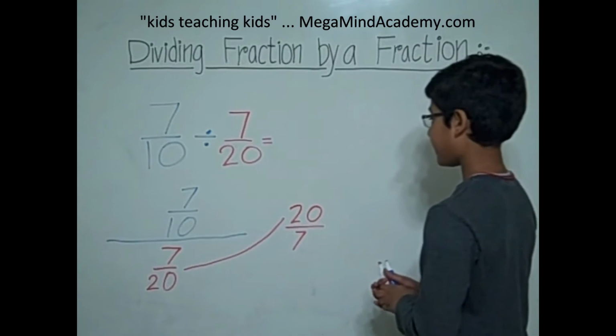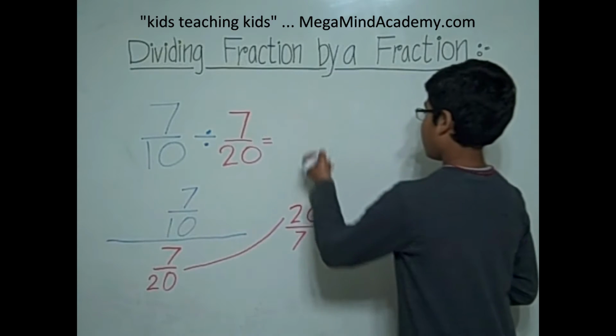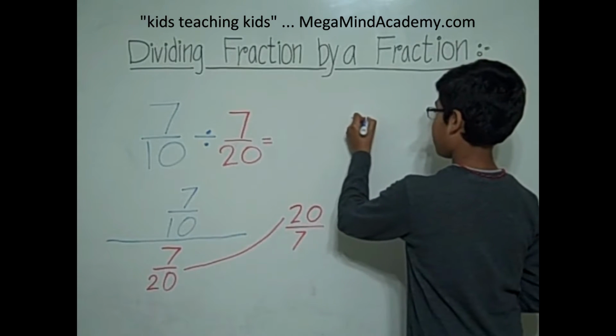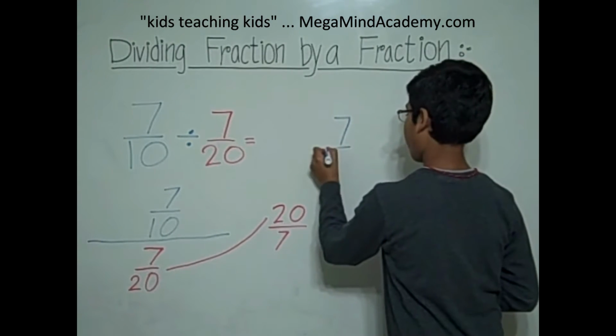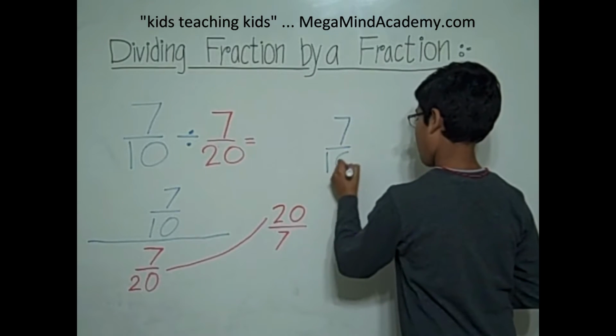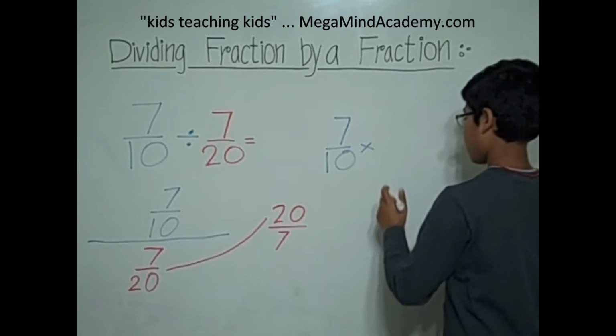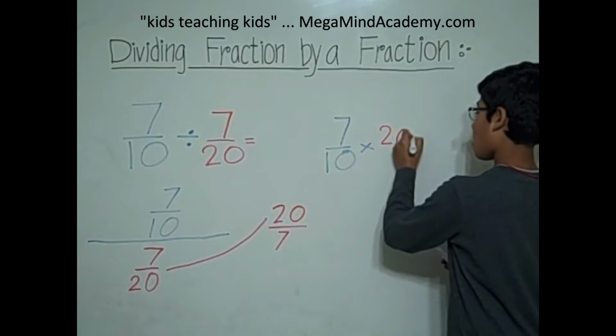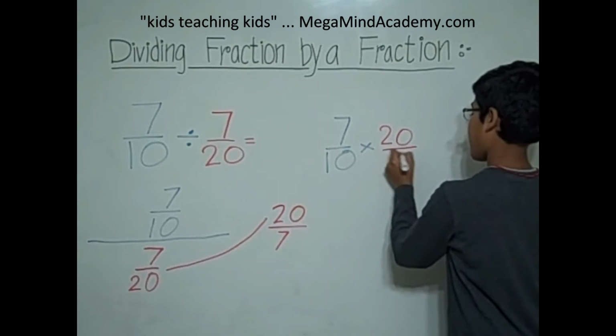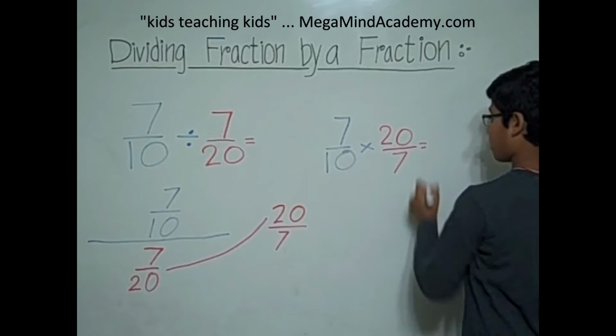So, let me write that down. 7 over 10 times 20 over 7 is equal to.